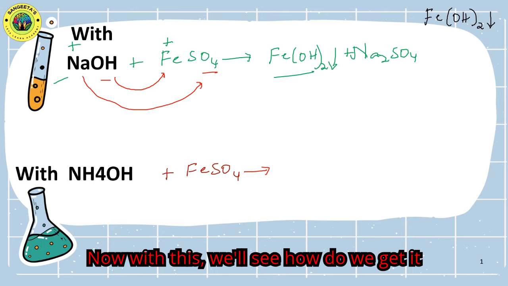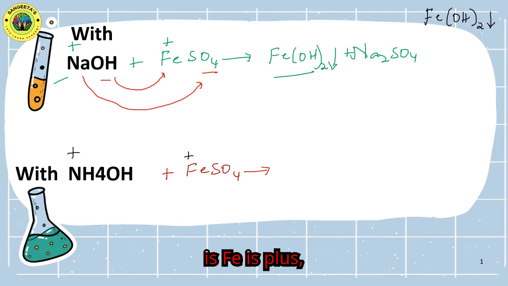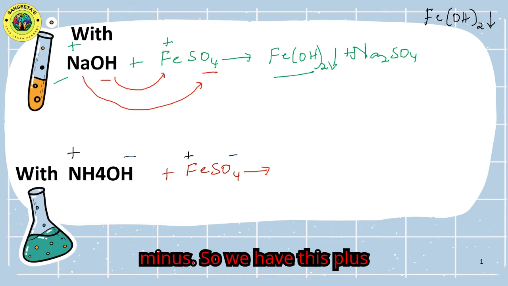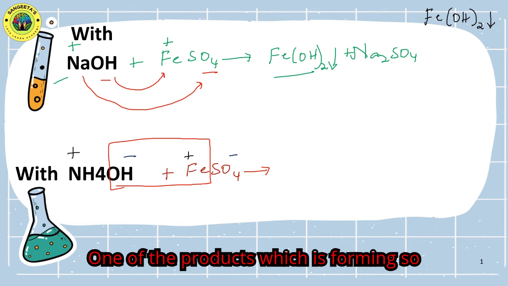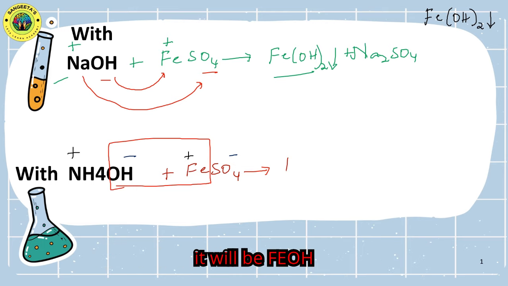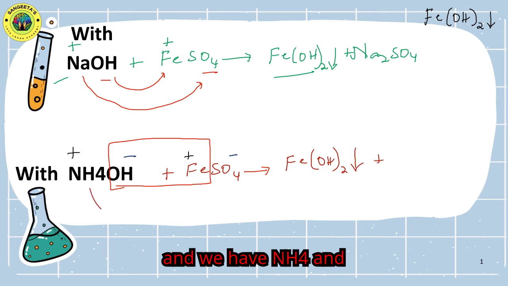Now we'll see how we get it with NH4OH. Similarly, NH4 is plus, Fe is plus. This is minus and this is minus. So we have this plus and this minus as one of the products which is forming. So it will be Fe(OH)2 as a down arrow, and we have NH4 and SO4.